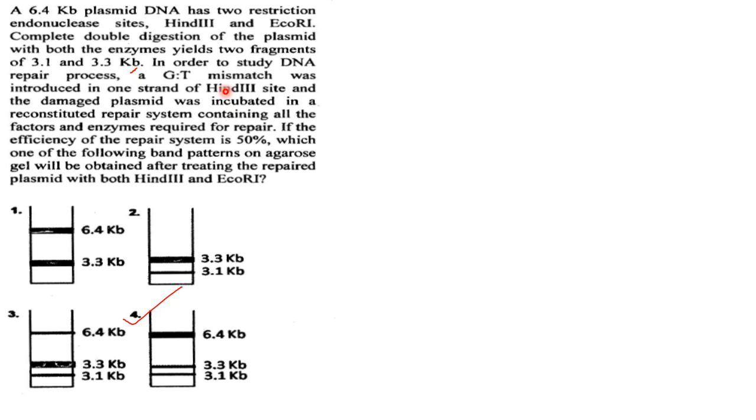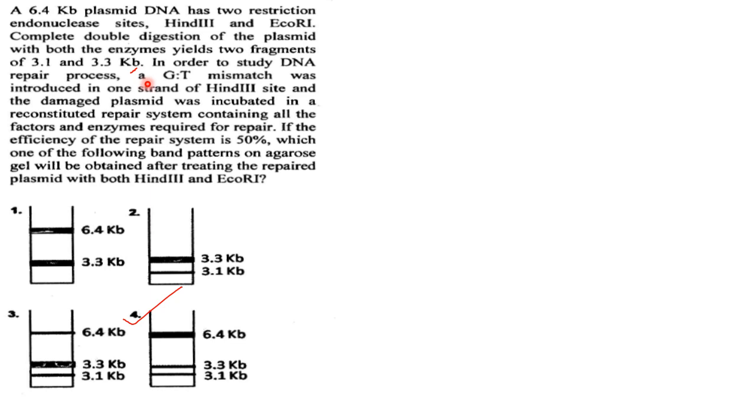Once you introduce the mismatch, it will not get digested with the restriction enzyme because the restriction site has been damaged. So you will get only one band, that is 6.4 kb band representing the mutated DNA. You will not get the 3.3 kb band. It will result only in a single digestion. So you will get a 6.4 kb band.